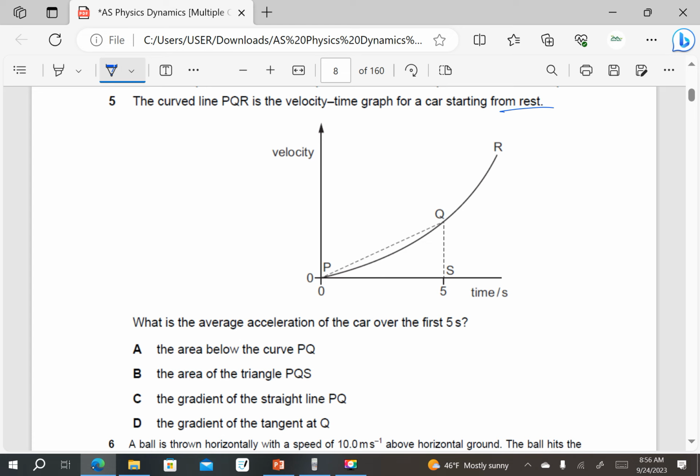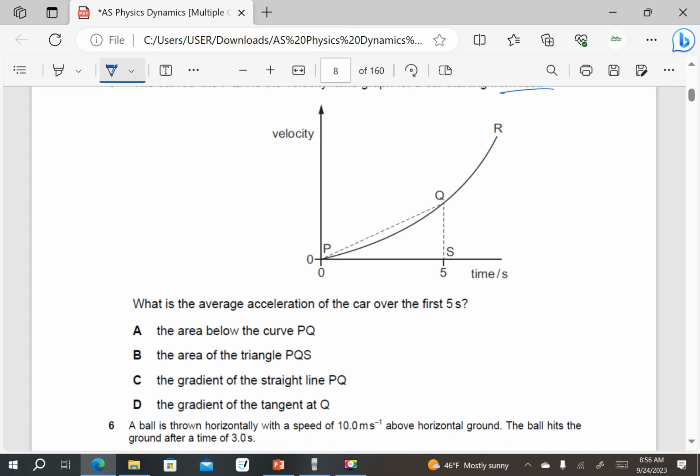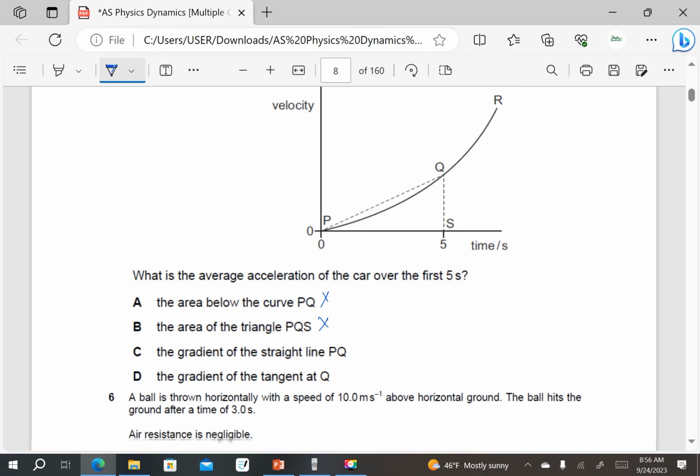The area below the curve PQ, the area of the triangle, is not the acceleration. The gradient of the straight line PQ, the gradient of the tangent at Q. Now we want the average acceleration over the first 5 seconds, not the acceleration at 5 seconds.